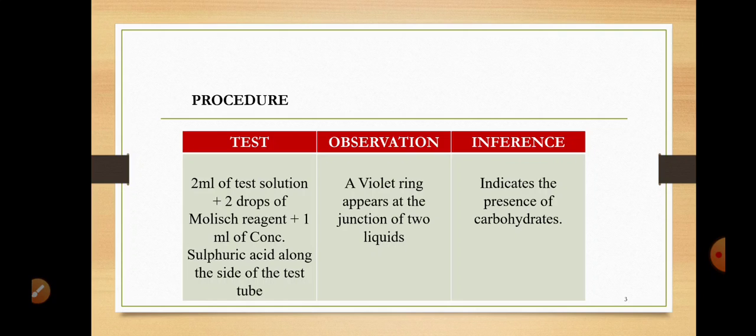When we add these in the sequential order as explained, we can observe a violet ring appearing at the junction of two liquids. The formation of the violet ring at the junction of two liquids is an indication that the carbohydrate is present.